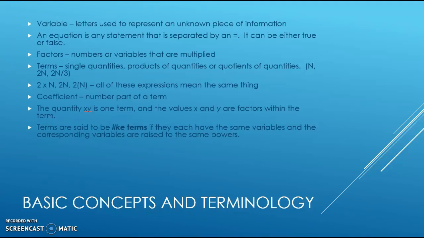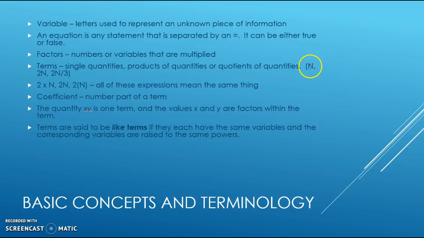Factors are anything that are multiplied together. So they could be a number, or a number and a variable, but anything that is multiplied together, those are considered factors. And then terms are single quantities or products of quantities or quotients of quantities. And I've given you a few examples. So the letter N is considered a term.